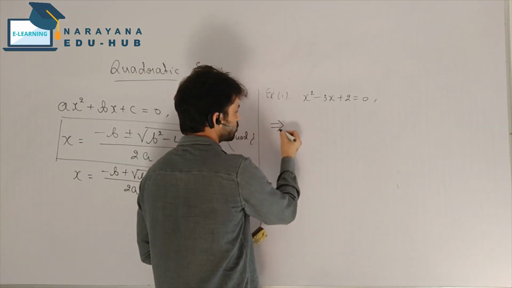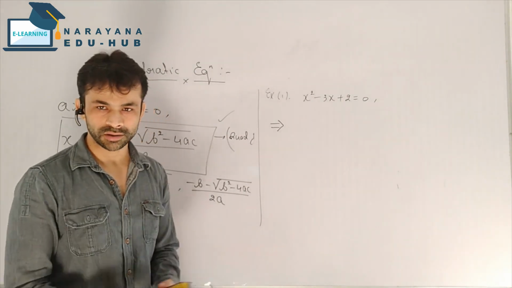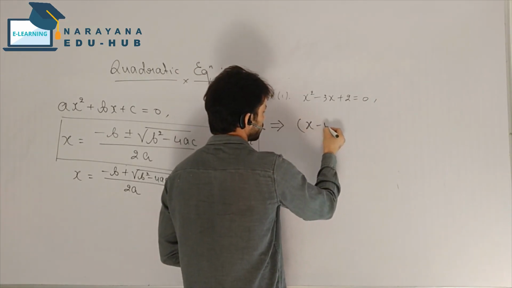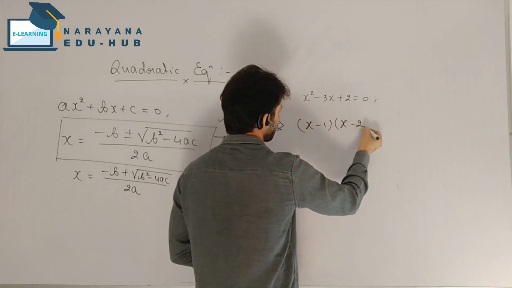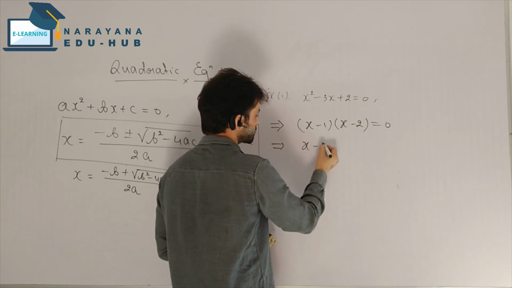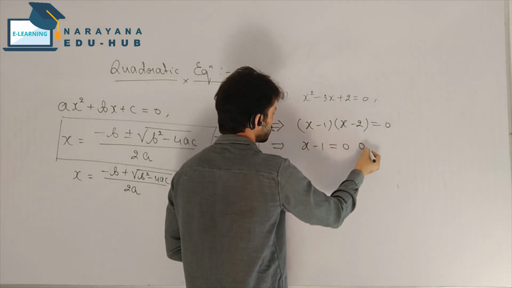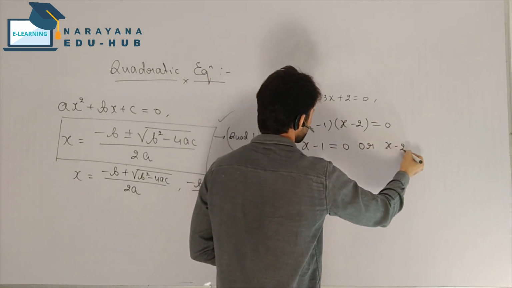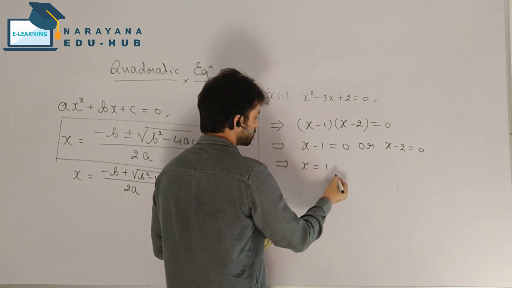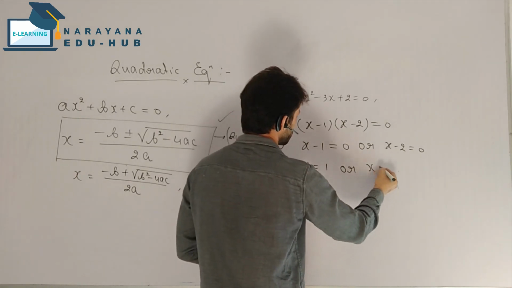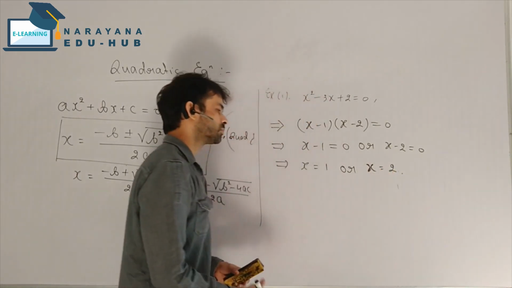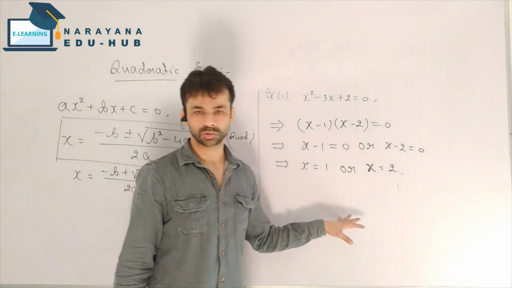So you must be knowing how to factorize. These are the factors, so this means x minus 1 equal to 0 or x minus 2 equal to 0. So x equals 1 or x equals 2. These are the two roots.